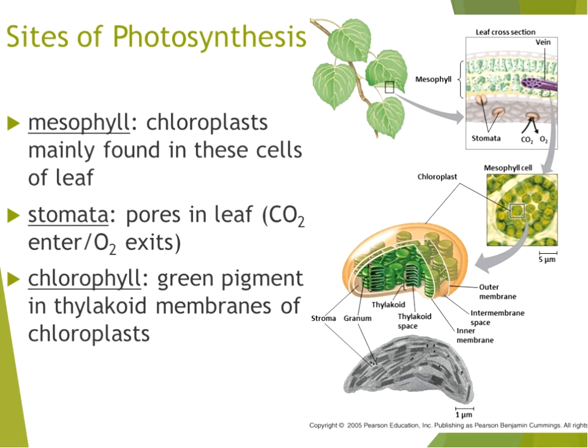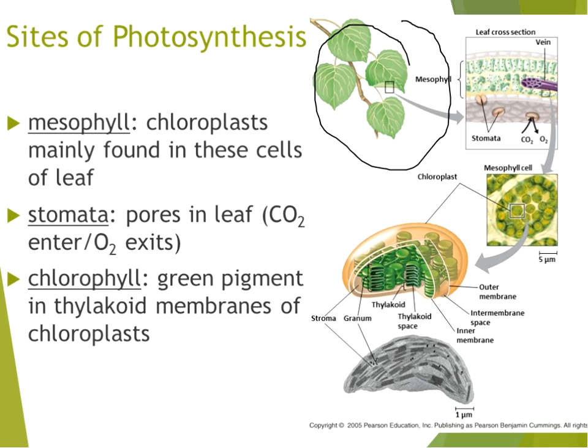All right, so now on to photosynthesis. With photosynthesis, I just want to cover real quickly where it takes place. It takes place inside the cell in the chloroplast. Typically the cells that function in photosynthesis are the mesophyll.